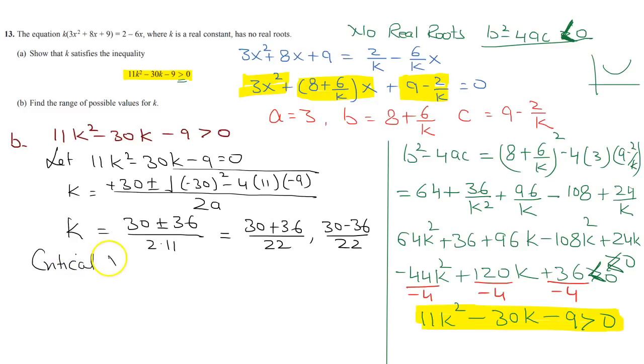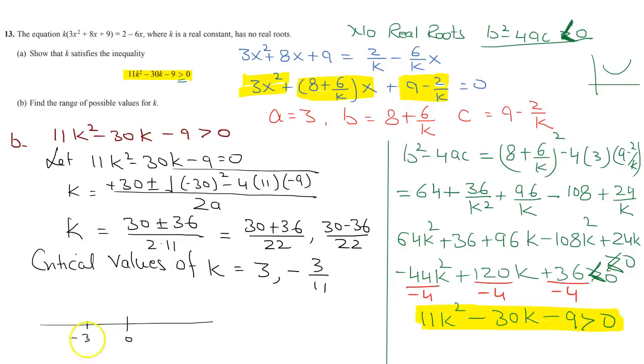So critical values of k will be 30 plus 66 over 22, which is 3, and minus 6 over 22, which is minus 3 over 11. This is 0, this is say minus 3 over 11 and this is 3. This is greater than 0.